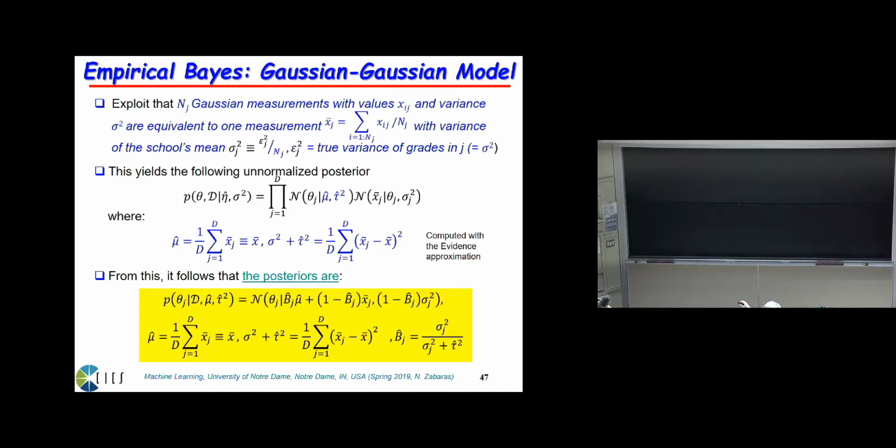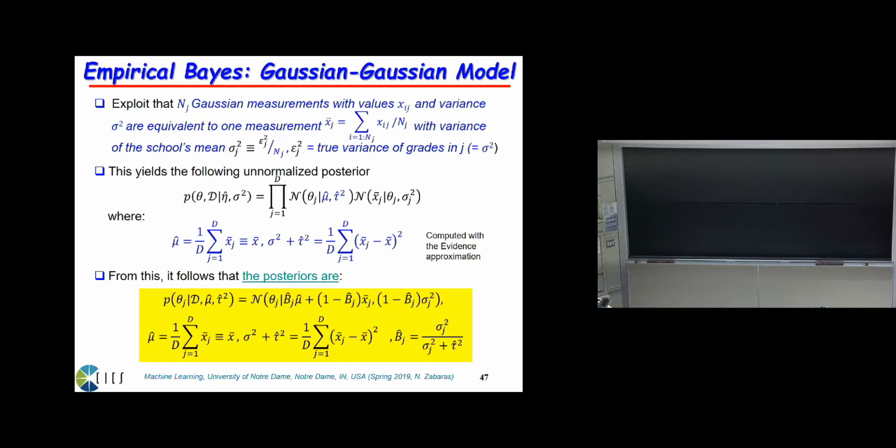So let me tell you, and we will come back to this on Tuesday. Effectively what you need to do is calculate the maximum of the evidence, and then once you calculate the evidence, you're going to fix the parameters mu and tau to what you see here as mu hat and tau hat, okay? I'm not telling you where they come from and why they look in this form, but basically mu hat and tau hat will need to be selected such that you maximize the evidence.